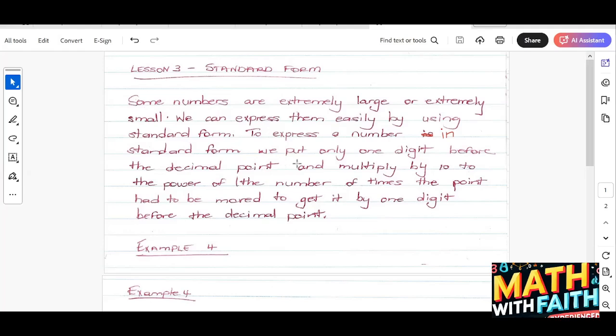We move the decimal point so that there is only one digit before it, and then multiply that one digit, 5.0, by 10 to the power of the number of times the point had to be moved. As I said, we move the point 8 times from the end of 500 million. So this would be 5.0 times 10 to the power 8.